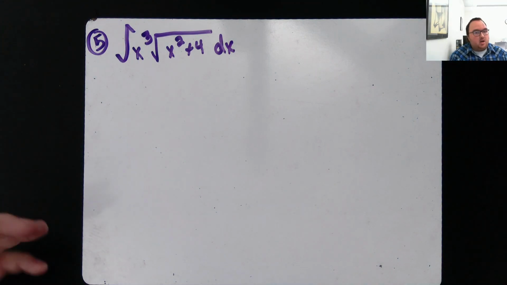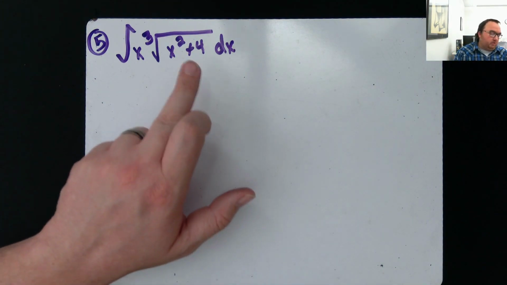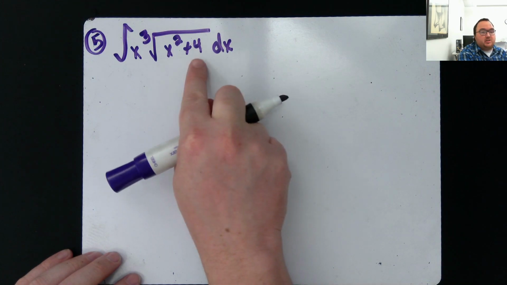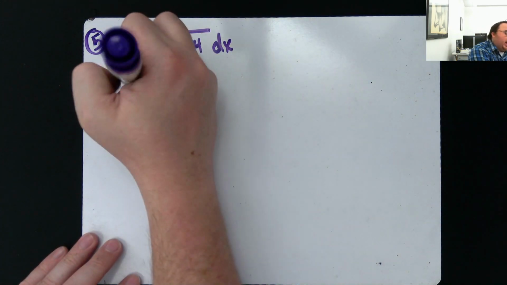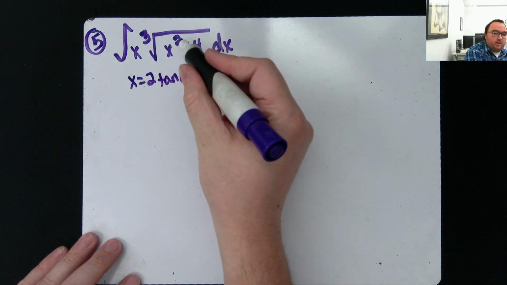So same thing here. Since in here I have something squared plus a constant, I'm going to use my rule that 1 plus tangent squared is equal to secant squared. But this time, since it's plus 4, I would let x be equal to 2 tangent because I want to square it and get a 4.